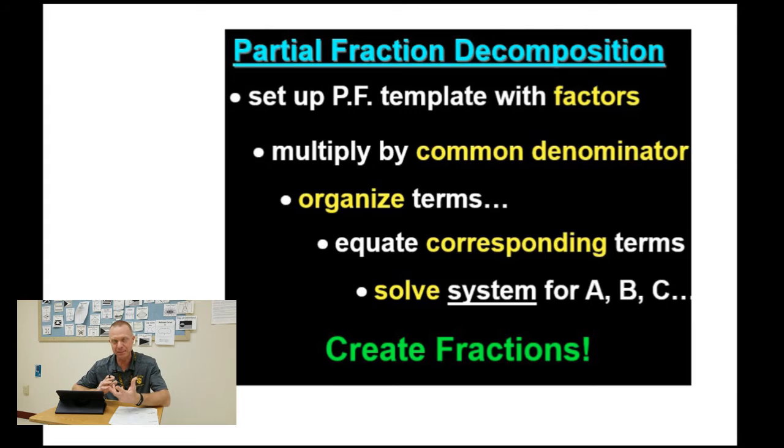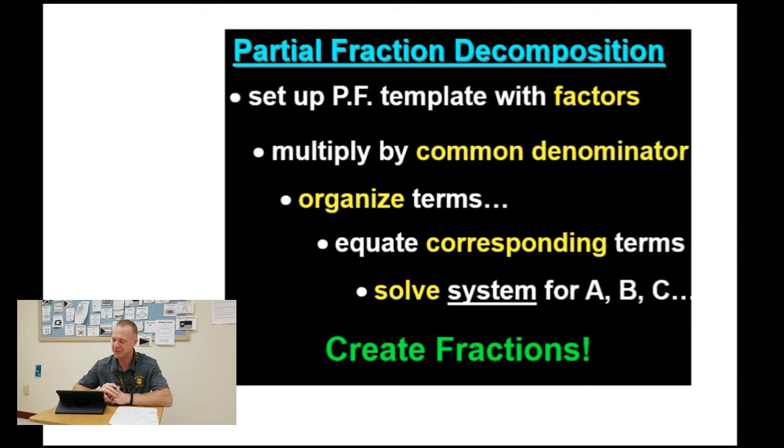Now, once you get that template set up, you're always going to multiply by the common denominator. It's a little different use of the common denominator. You're going to multiply by it, and there's going to be this organization that happens. Then one of the key steps in this process is that you're going to equate the corresponding terms. Sounds pretty neat. And then there it is, a system.